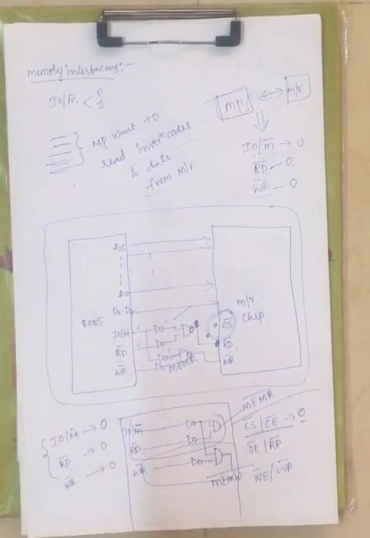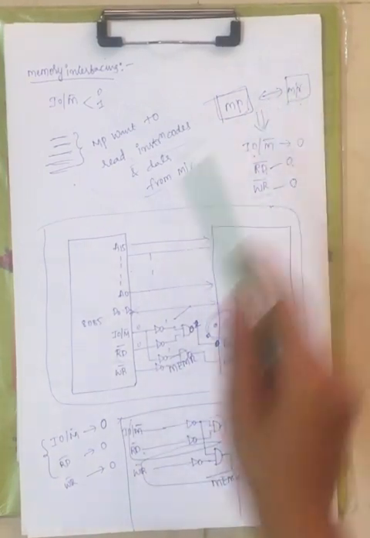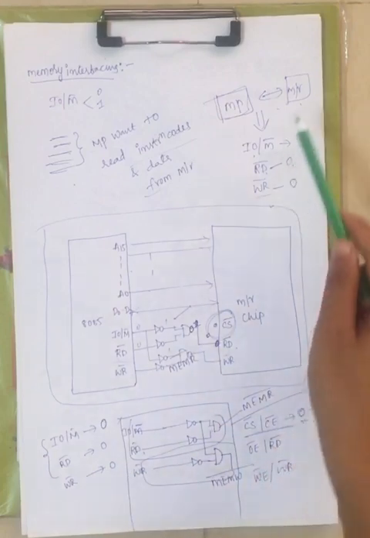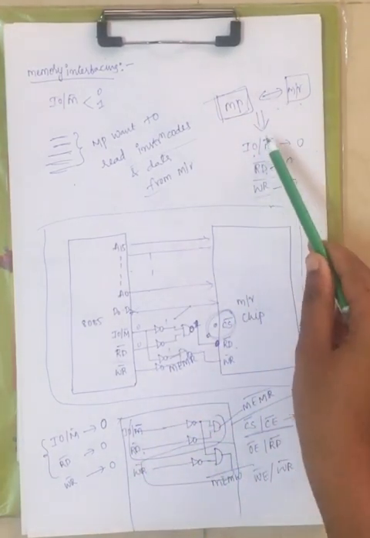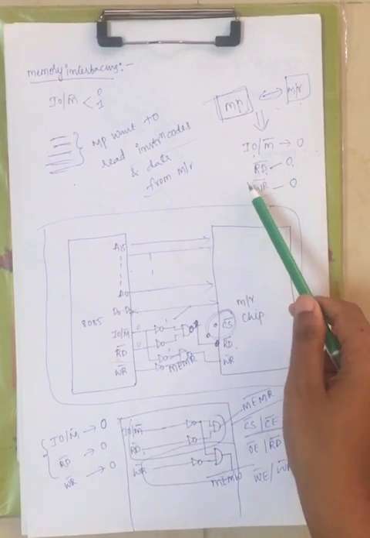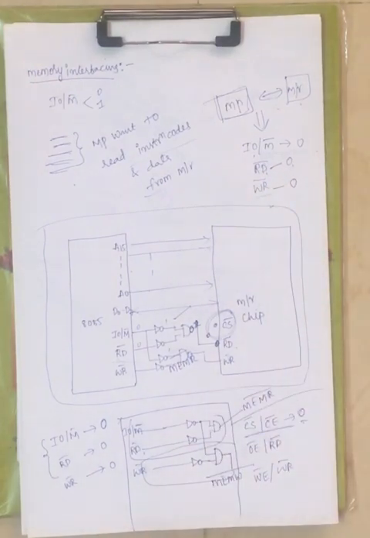In order to do that, it has to interface with the memory. For that interfacing purpose, we require three signals: IO/memory signal, read signal and write signal.